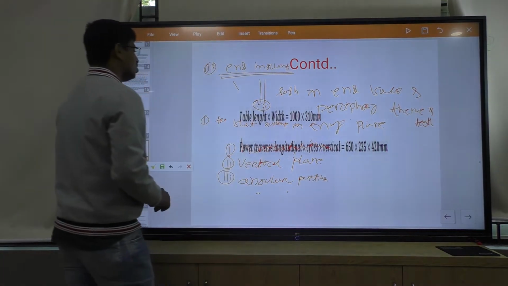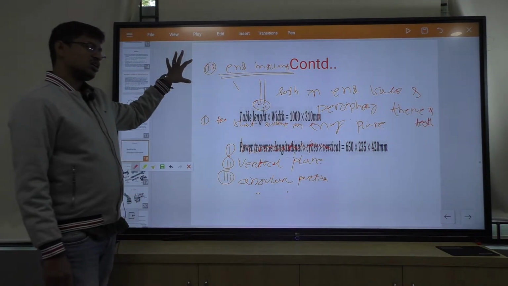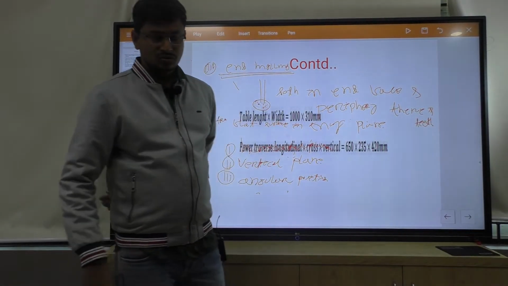So these are the methods of milling machines. First one is peripheral milling, second one is face milling, and third one is end milling.